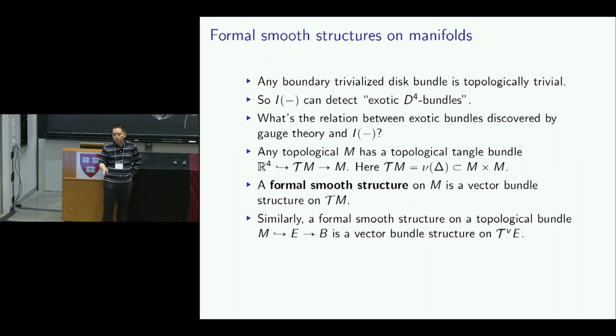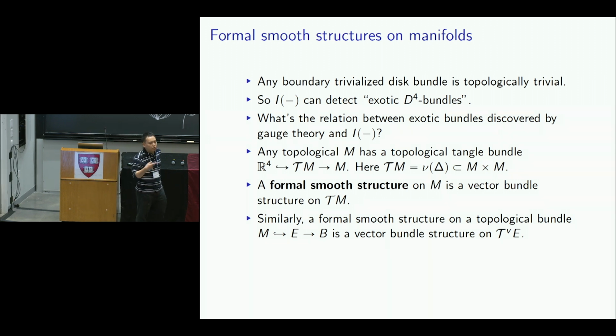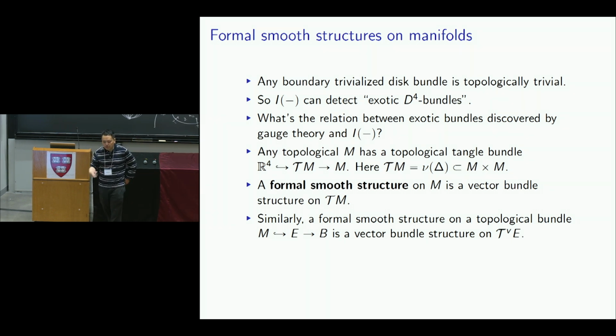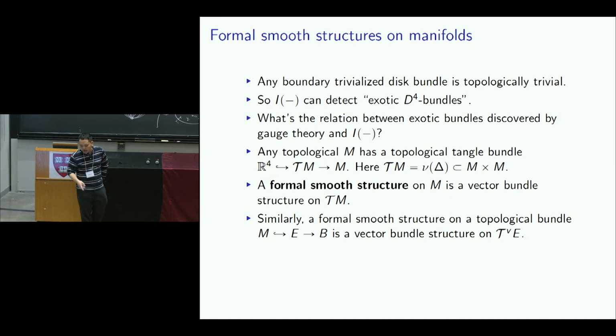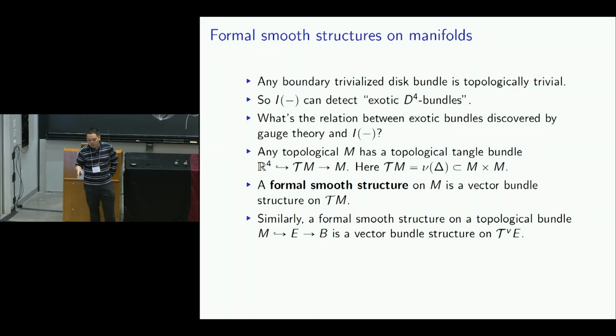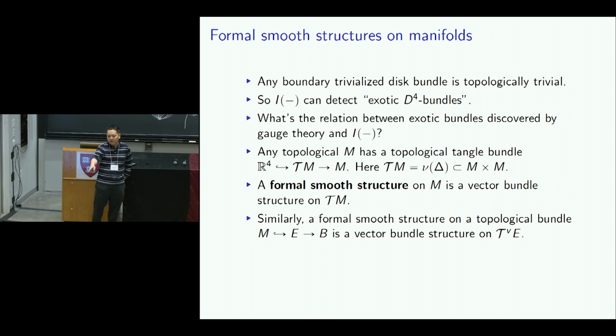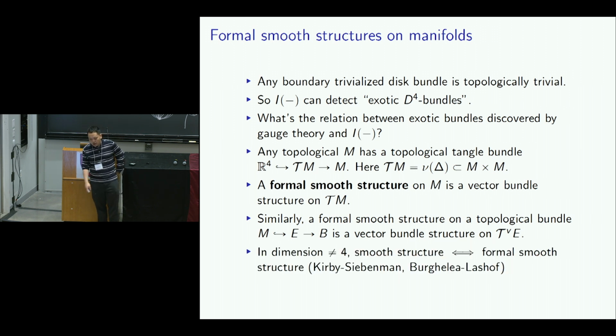Similarly, you can define this formal smooth structure in a family setting. If you have a topological bundle, you can also define its vertical tangent bundle. Again, it's a topological bundle with fiber R4. It's not a vector bundle. And a formal smooth structure on this topological bundle is just a vector bundle structure on its vertical tangent bundle. Okay, and in higher dimensions there is a very famous result by Kirby-Siebenmann and Hirsch-Mazur, called smoothing theory.